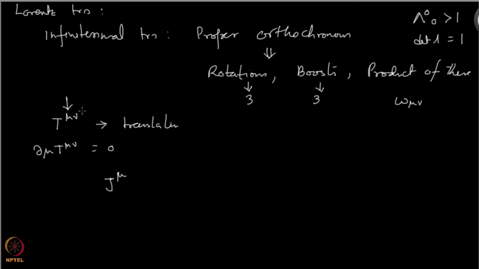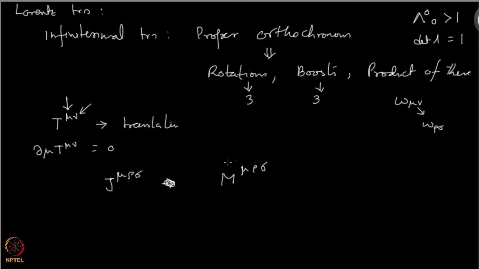So you expect, just like here you had nu, which was labeling the 4 translations, I will have, instead of mu nu, let me write omega rho sigma. I should have 2 indices rho sigma, which will be the equivalent of nu here, parameterizing which transformation we are talking about. So we expect an object which will carry 3 indices, and usually it is denoted by M mu rho sigma.